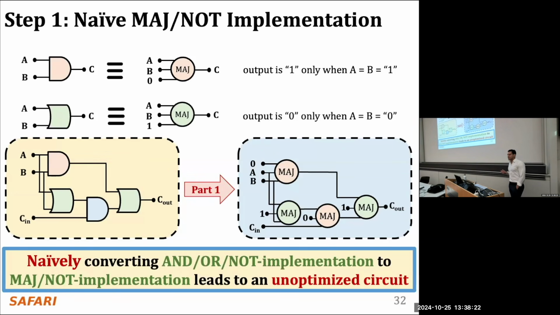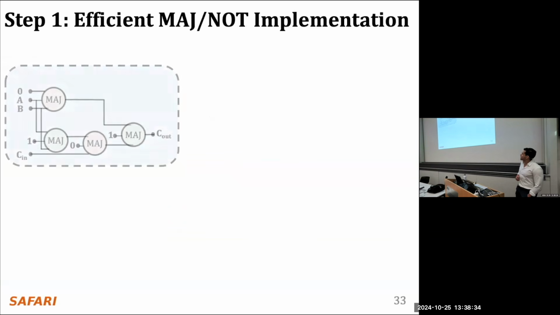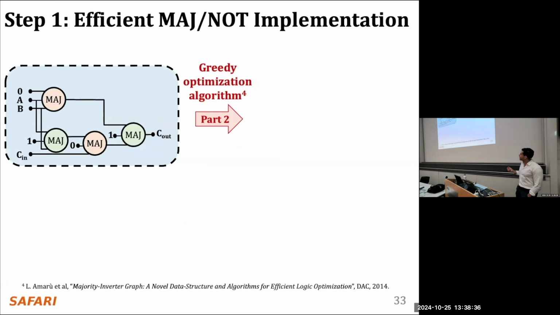However, as I'm going to show next, if you just do this, you're not going to improve the performance of your circuitry because you have the same number of triple activations to realize this graph as to realize the other graph. But we can apply some greedy algorithms. Think about logic simplification as you do in Boolean algebra. There is an equivalent of that for majority-based graphs.